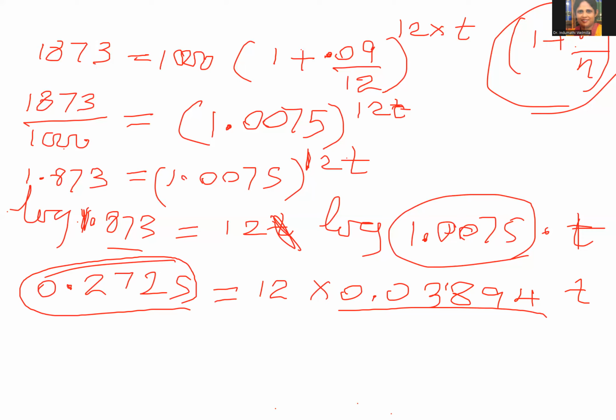How do you simplify? Just multiply this one into 12, okay, and divide, right? 0.3894 multiplied by 12.